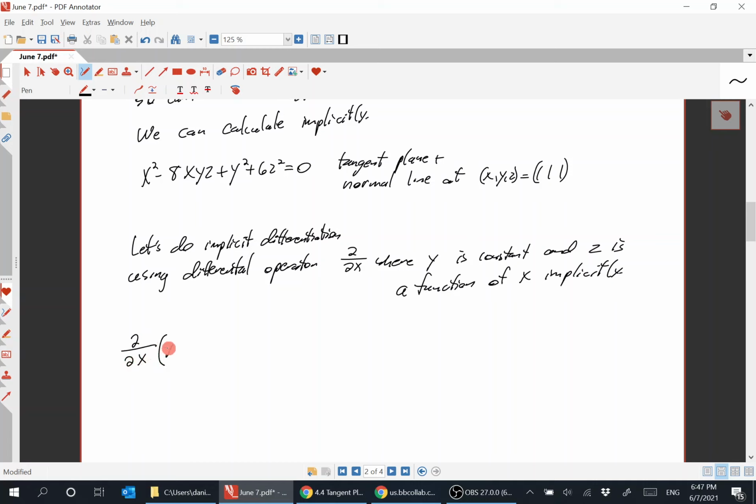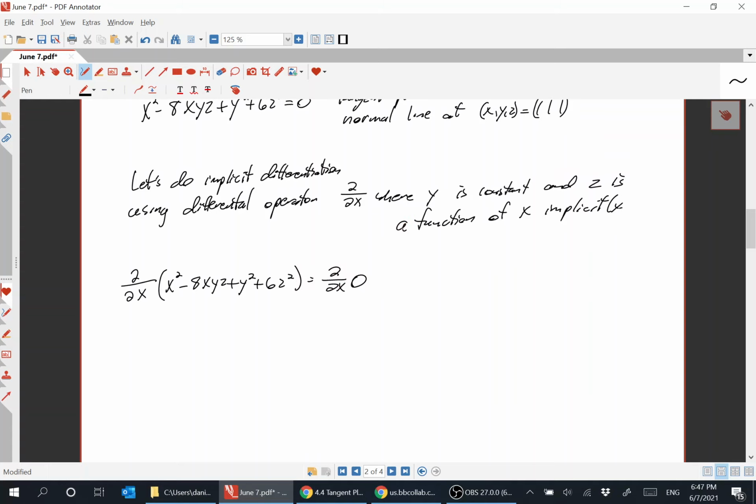So partial with respect to x of x squared minus 8xyz plus y squared plus 6z squared is partial with respect to x of 0. Right, so apply partial with respect to x. Partial with respect to x of x squared is 2x.